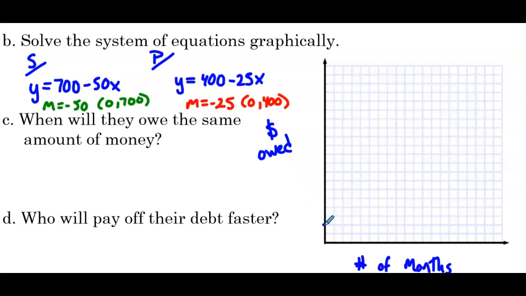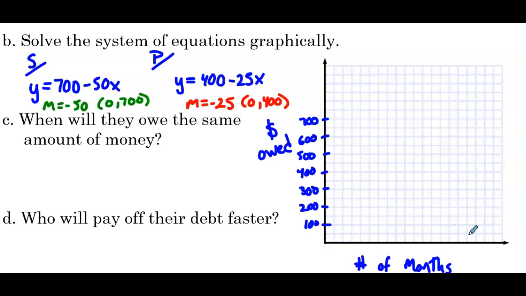So every 2 boxes, let's label 100, just so we don't have a lot of numbers on our axes. So we have 200, 300, 400, 500, 600, and 700. That should be good enough.